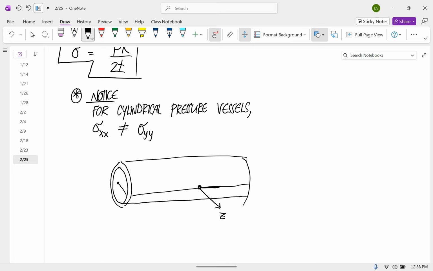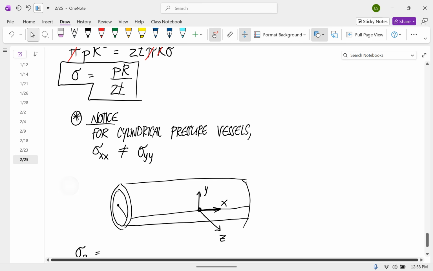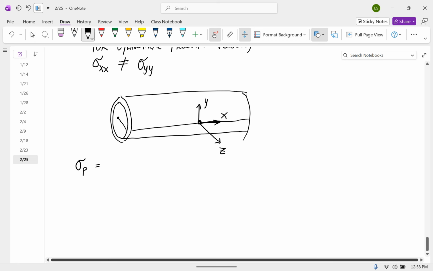I'll call the x-axis along the length and the y-axis there. And so the principal stress tensor in this case is equal to PR over 2T for X, PR over T for Y, and 0, 0, 0.